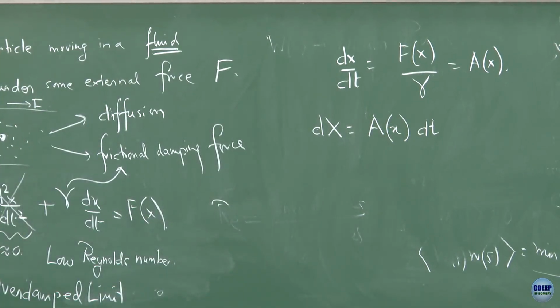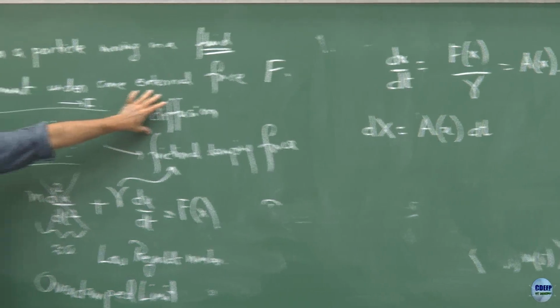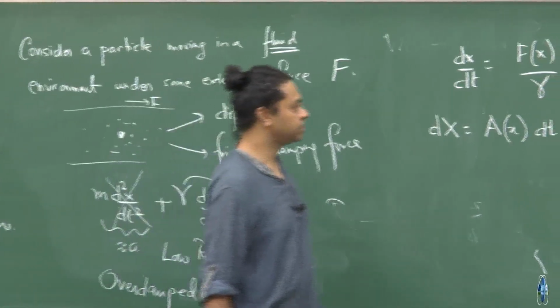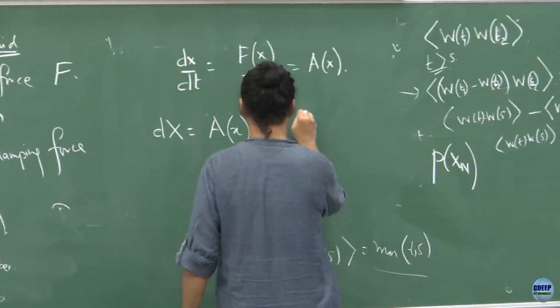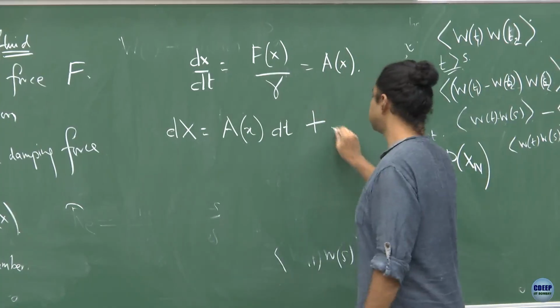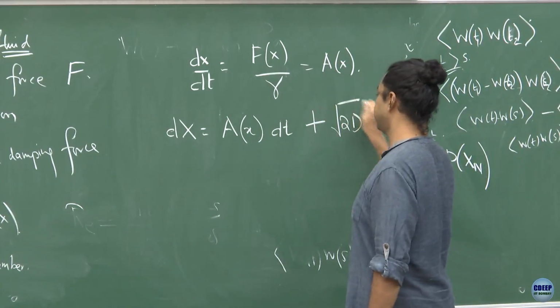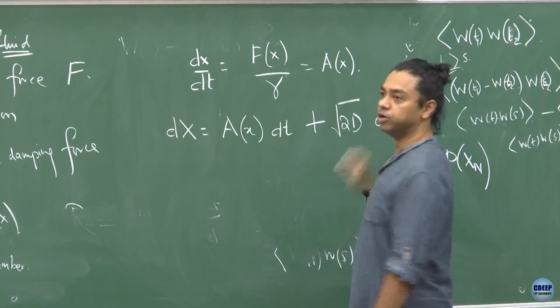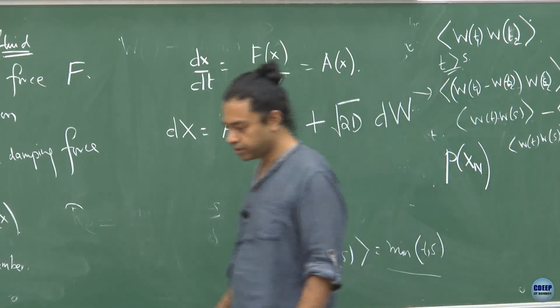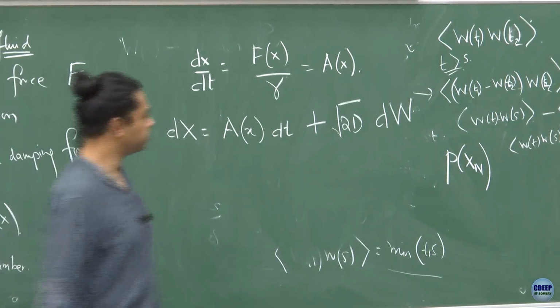All right. So, now that I have worked out this deterministic part, I will put back diffusion, and I know how to put back diffusion. So, what will I put here? I will put square root 2D times dW, the Wiener process, dW of t.